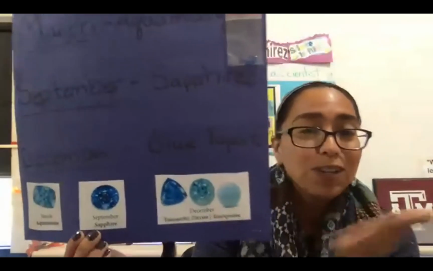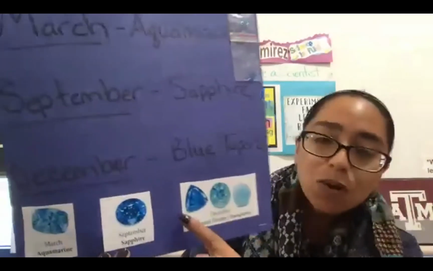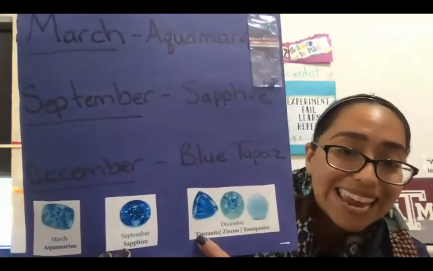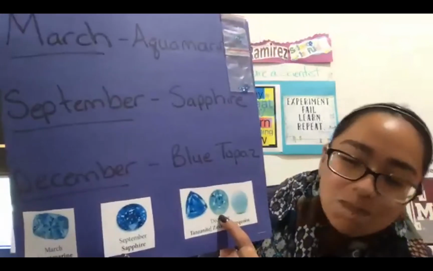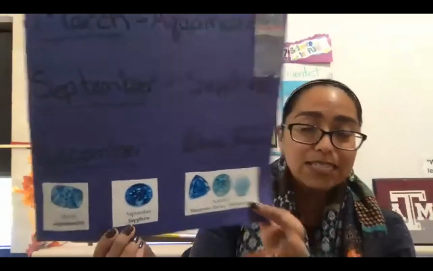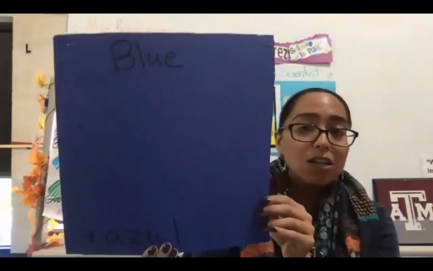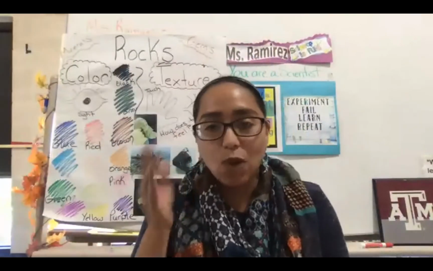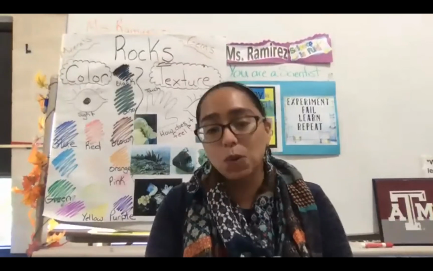And then if you were born this month in December, your birthstone comes in a variety of different colors. We have that dark blue tanzanite, that middle blue color, zircon, and then turquoise. So we know that gemstones can also be blue in color. Sometimes people just think of rocks and minerals as being brown and black, but they can come in all sorts of cool colors. So that was colors.